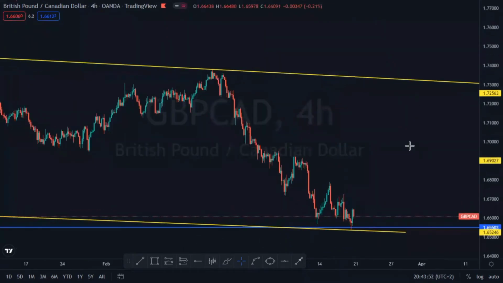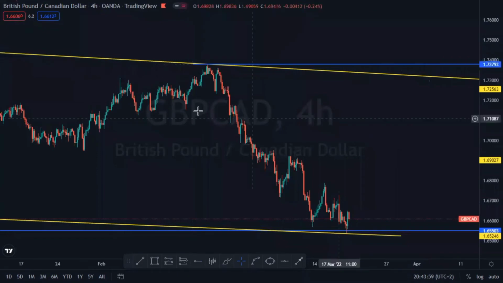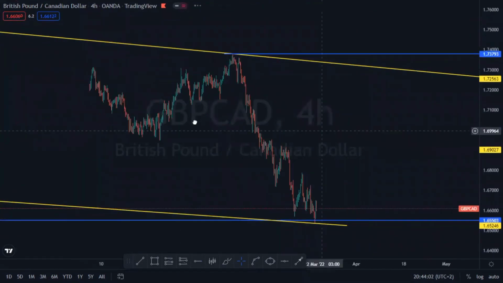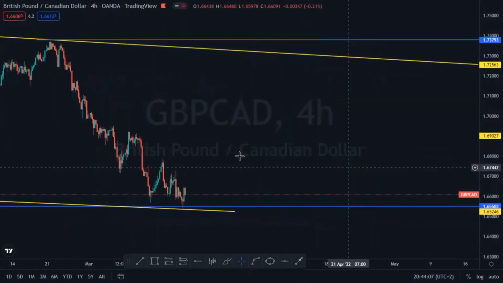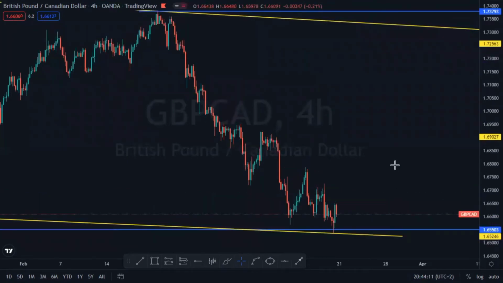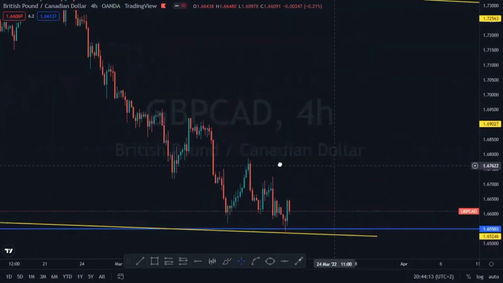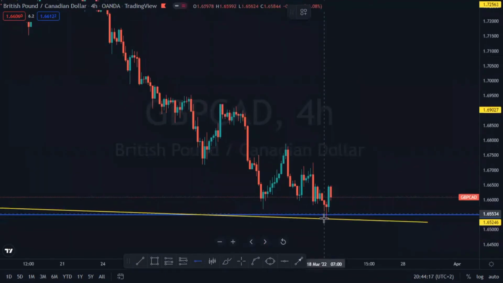Okay, coming down to the 4-hour time frame, I'm also going to identify my resistance. Already I have my support, guys. So let's focus on the current trend. Looking at the current trend, I can see that already we have a low, right?